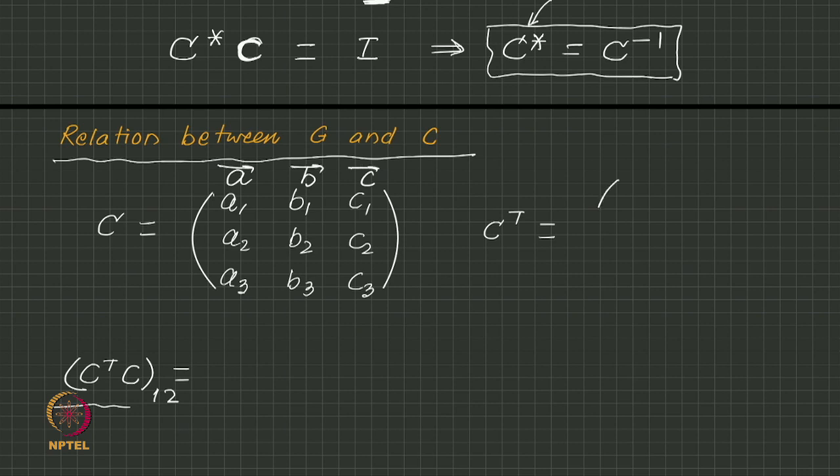So, C transpose will have rows expressed as just the transpose of the previous matrix. So, now the basis vectors are written as rows.